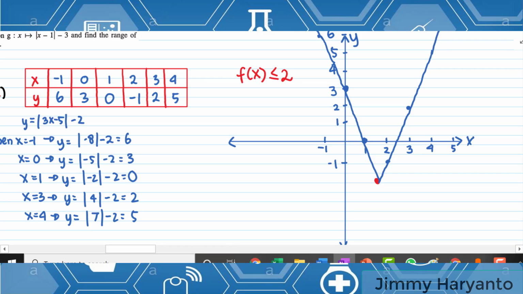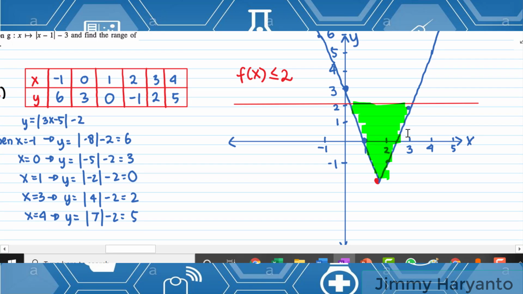So you have to draw a horizontal line on y equals 2, like this, and then you have to shade the parts of your graph which are less than or equal to 2. Less than means below the line. Below the line is this part, so I will shade this part.